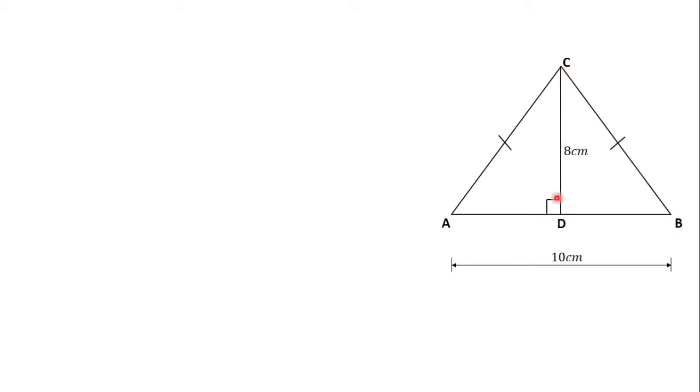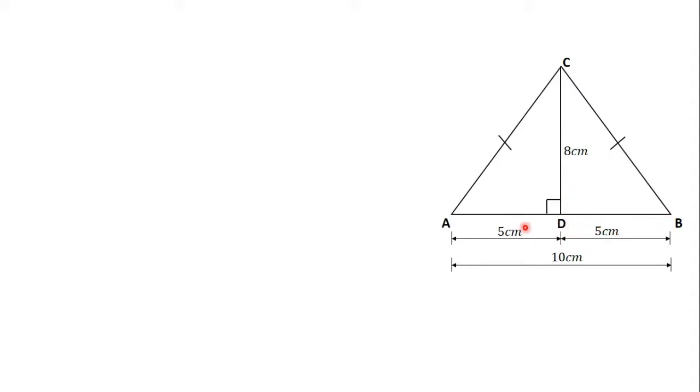Because this is a perpendicular line, it's going to divide AB into two equal parts. And AB is 10 centimeters. That means that from A to D is half of 10 centimeters, and from D to B is also half of 10 centimeters. Half of 10 centimeters is 5 centimeters, which means that from A to D is 5 centimeters, and from D to B is also 5 centimeters.